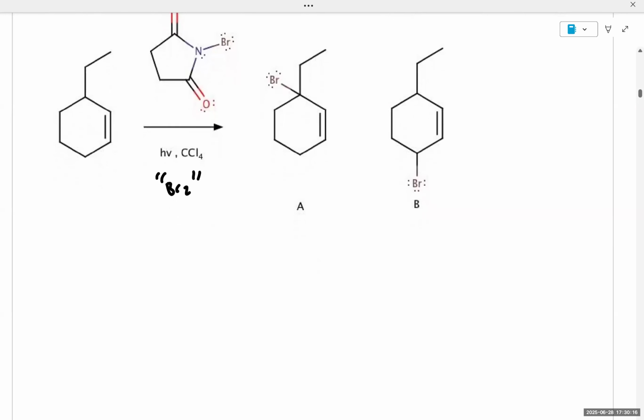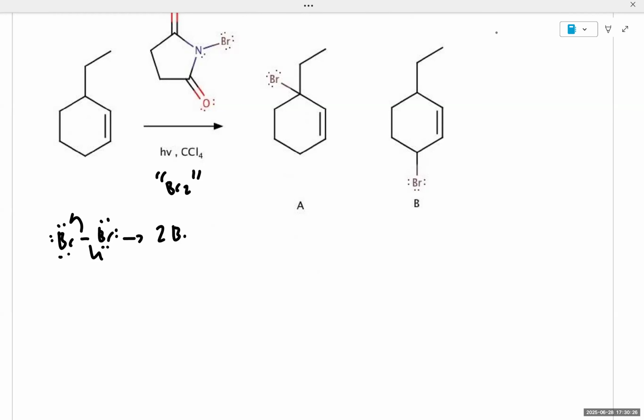Okay, so first things first, we're going to get cleavage of the bromine-bromine bond to generate some bromine radicals. From here, we're going to abstract a hydrogen to generate the most stable, most substituted radical.